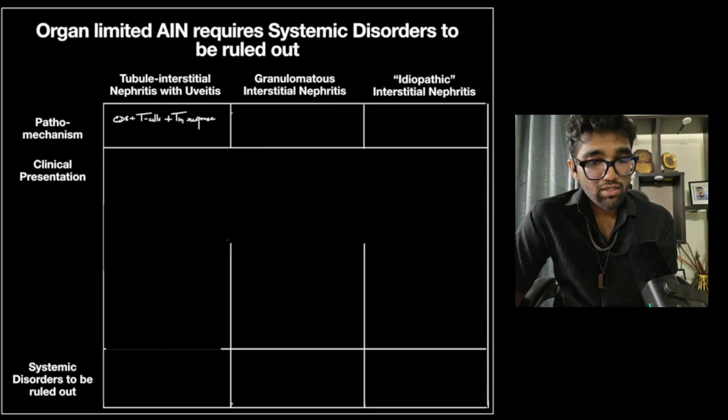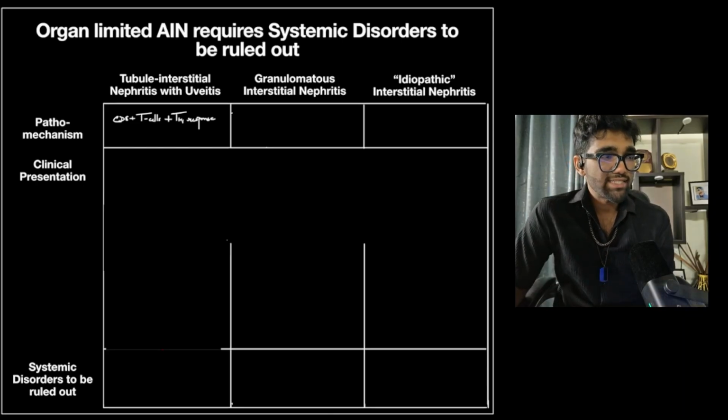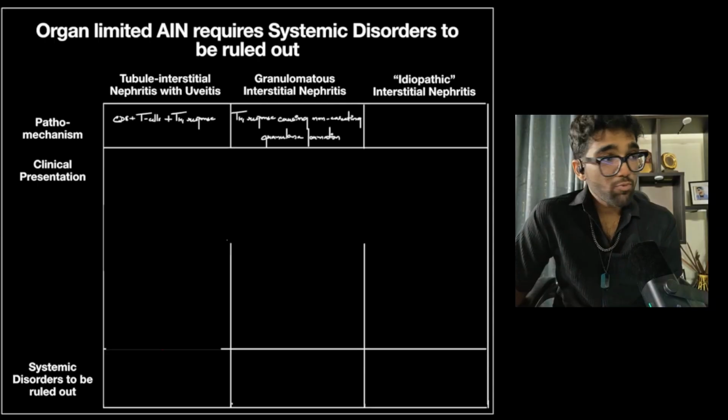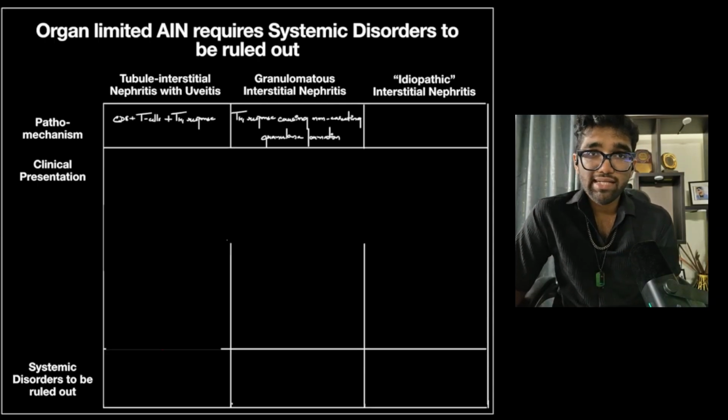Now, tubular interstitial nephritis with uveitis is basically a T cell mediated immune response against the epithelium of the tubules of the kidney. So that is caused by a Th1 polarized and a CD8 plus T cell response. Granulomatous responses obviously are always Th17, Th1 mediated and result in non-caseating granuloma formation.